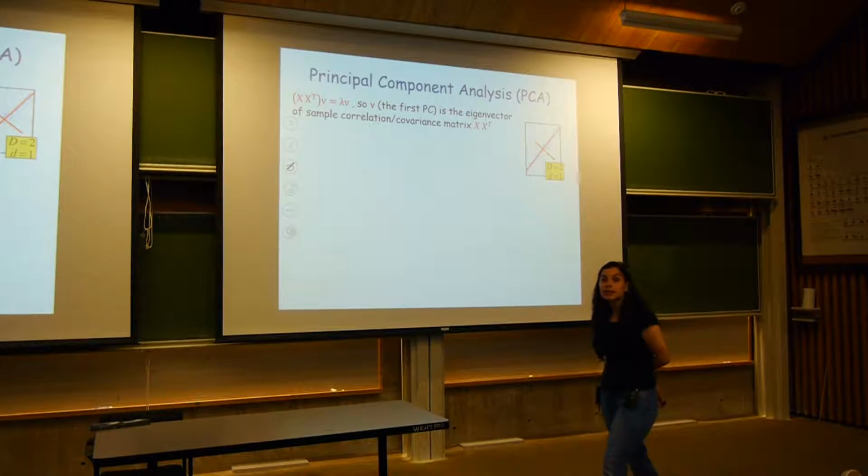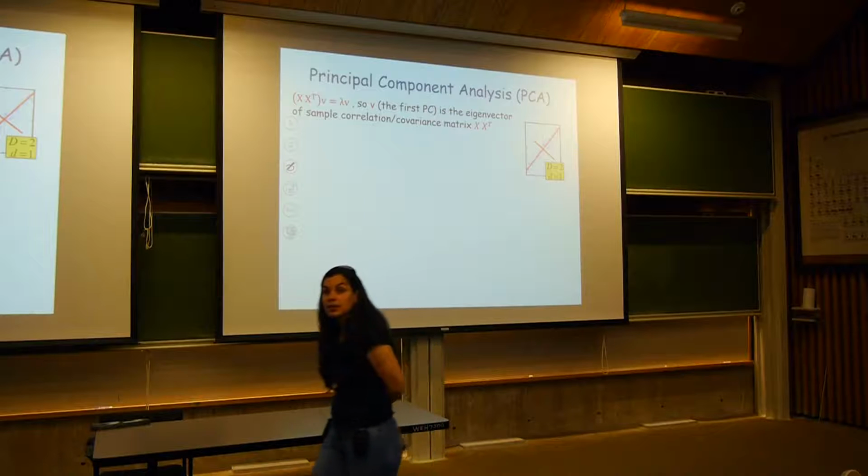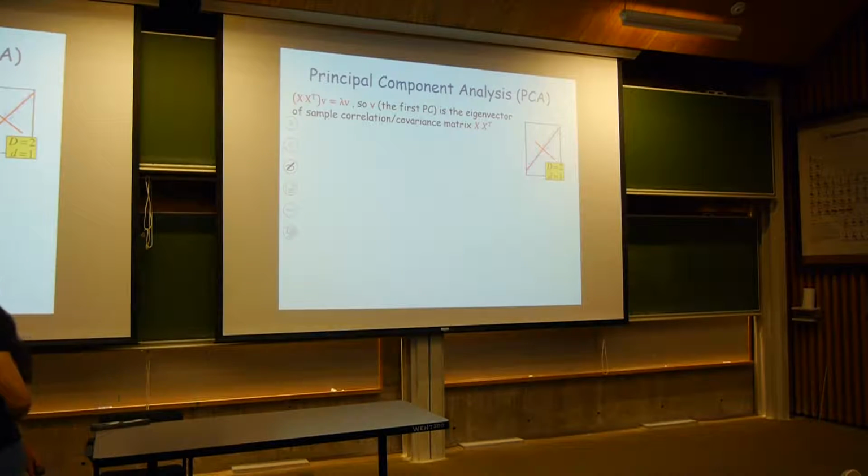Why not just maximize V transpose X X transpose V over V transpose V? Yeah, we can do that, but I'm now characterizing it and explaining what it means, because it's good to understand what they are. At the end of this reasoning, we're going to understand that all the principal components are the eigenvectors of the sample covariance matrix.